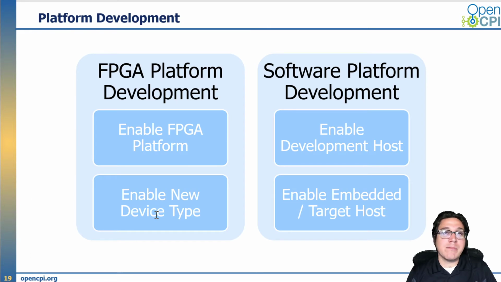Okay, so platform development is really based on the platform you're trying to enable. If it's just a processor, or you want to enable the RISC-V architecture, you focus on the software platform development. We'll get into that. And the FPGA platform, there's the enabling of the FPGA itself, and then there's the enabling of the device types, or the device for the specific integrated circuits.